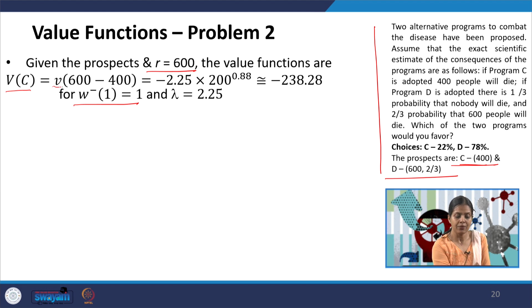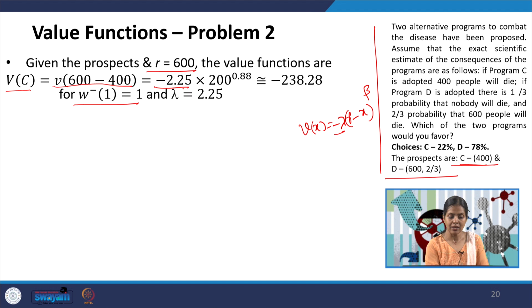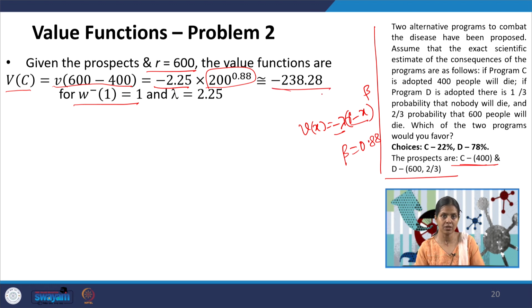So, we have V 600 minus 400, and now that I have a reference point, in the domain of losses KT defines V x as minus lambda into r minus x raised to the power beta. Lambda takes a value 2.25. So, I have minus 2.25 here, and r minus x is 200. So, 200 raised to the power 0.88, because beta is also estimated to be 0.88. That gives me an approximate value of minus 238.28.